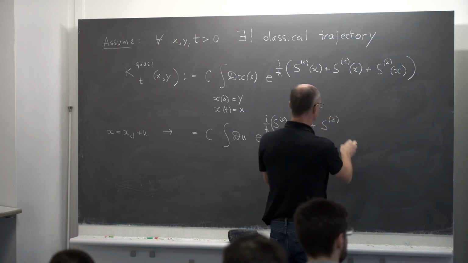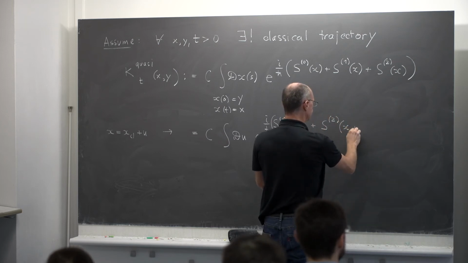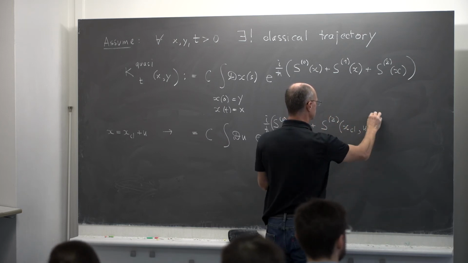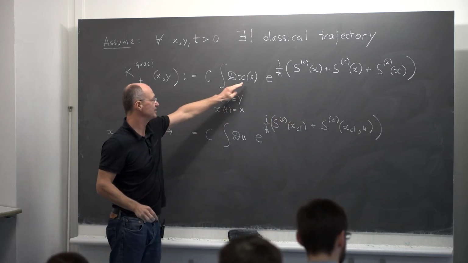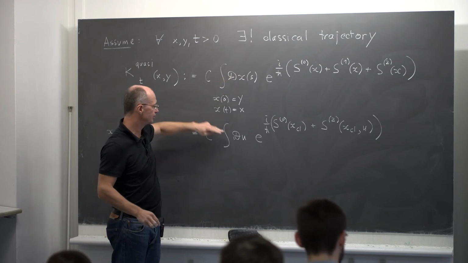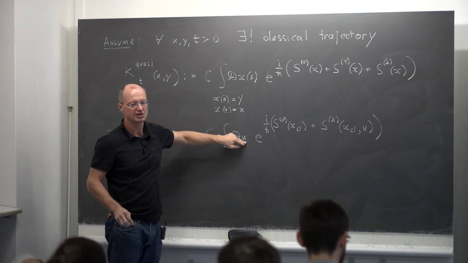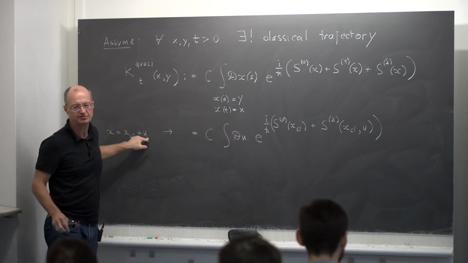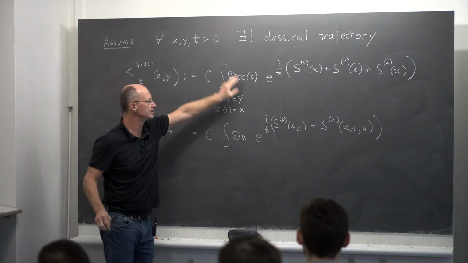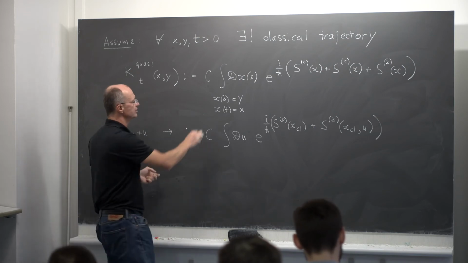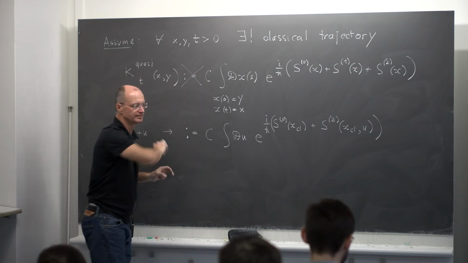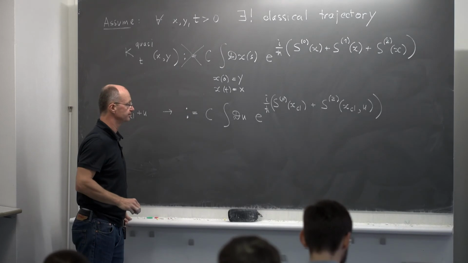And then there will be S2, which depends on x classical and on u. Note that, right, we said there is no such a measure. So here I'm assuming that this measure is a kind of translation invariant, but such measures do not exist. So this is kind of not a true definition.